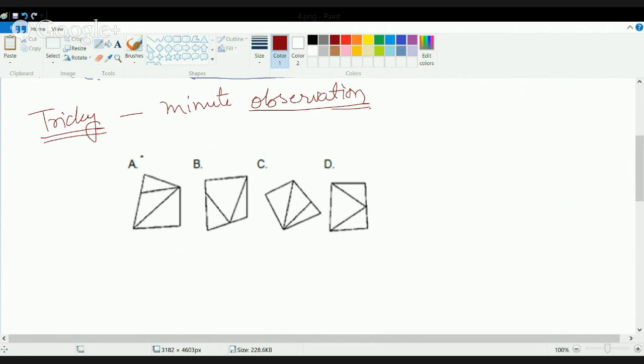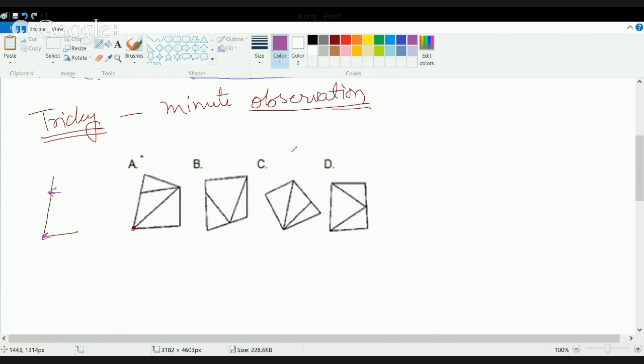So if we try to understand this, we'll see that one of the points is touching the vertex and one of the points is touching on the line. So you have one of the lines touching onto the vertex and one somewhere within the line.